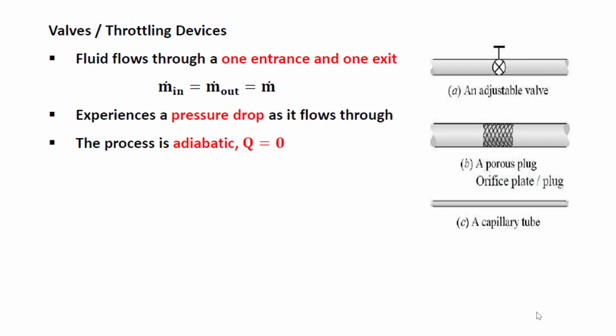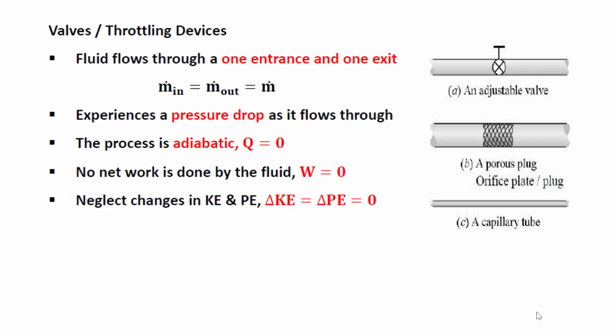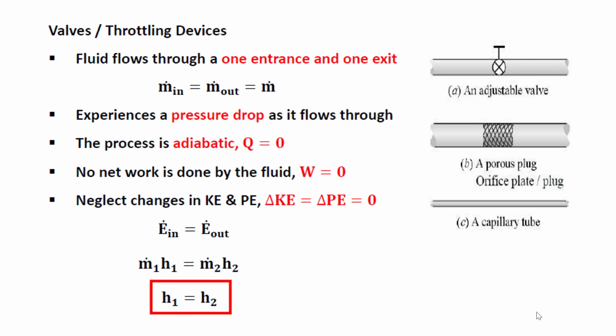The device also works in an adiabatic process, so Q is equal to 0. With kinetic energy, potential energy, and work equal to 0, the equation will only leave us with H1 equal to H2.